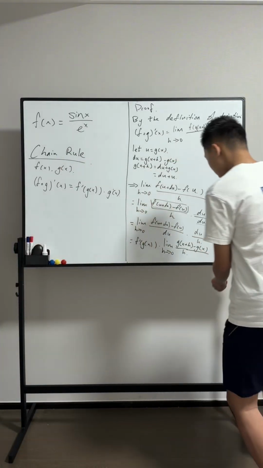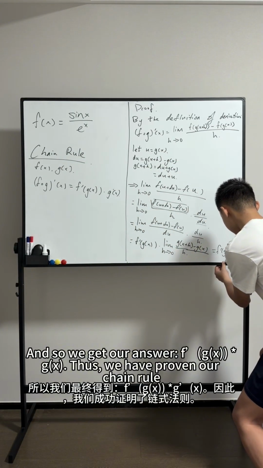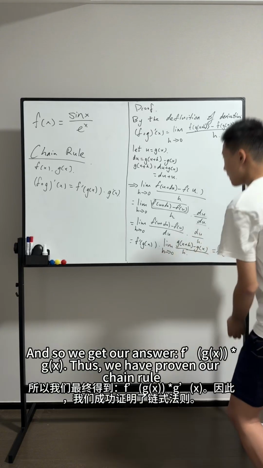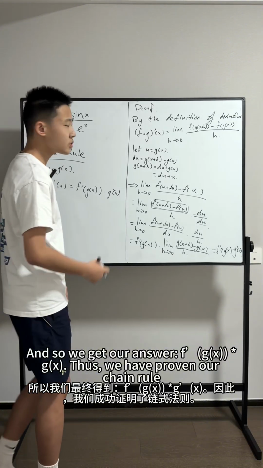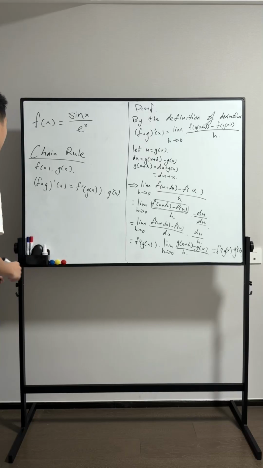And so therefore, we get our answer f prime of g of x times g prime of x. And thus we have proven the chain rule, a really subtle but yet simple proof.